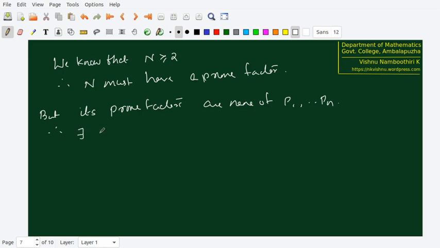Therefore, there exists at least one more prime number other than P1, etc., Pn.